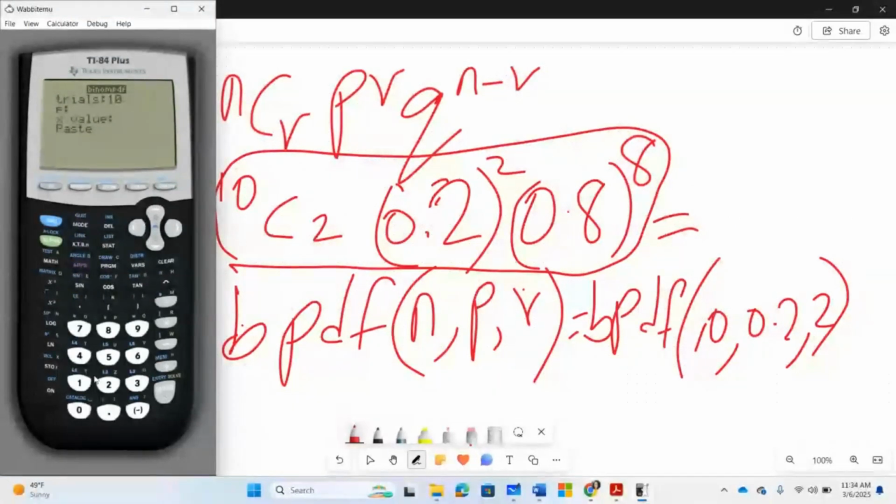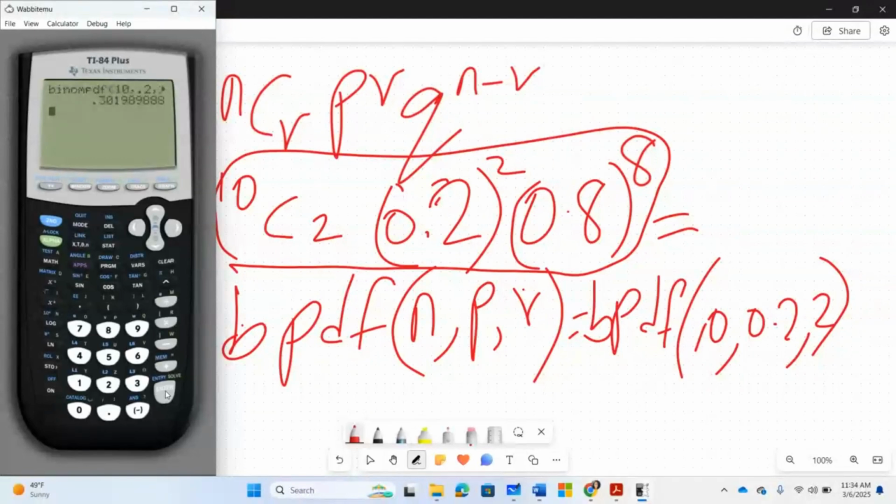Number of trials is the sample size. What is the probability of success? 0.2. What is the number I want to take at a time? It is 2. Paste means calculate. So I'm going to calculate. And it's asking me, is this what you want? Yes. So I'm calculating this.